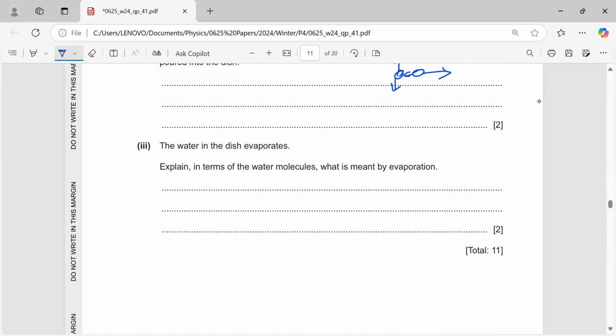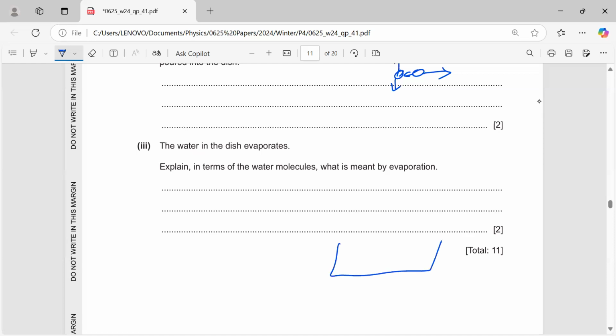The next part of this question, which is the final one: the water in the dish evaporates. Explain in terms of molecules what is meant by evaporation. It's very simple. In evaporation, the most energetic molecules escape from the surface.